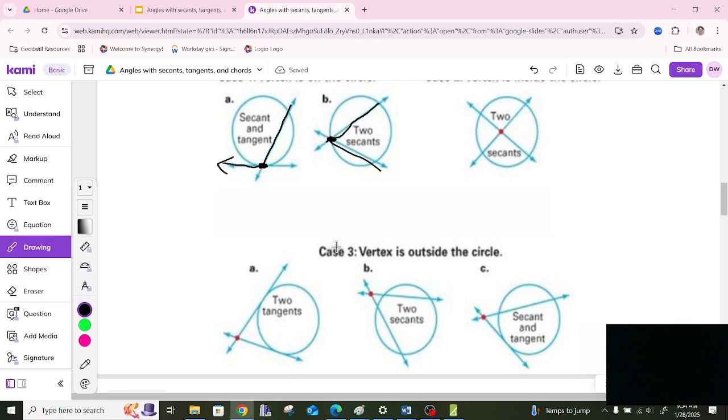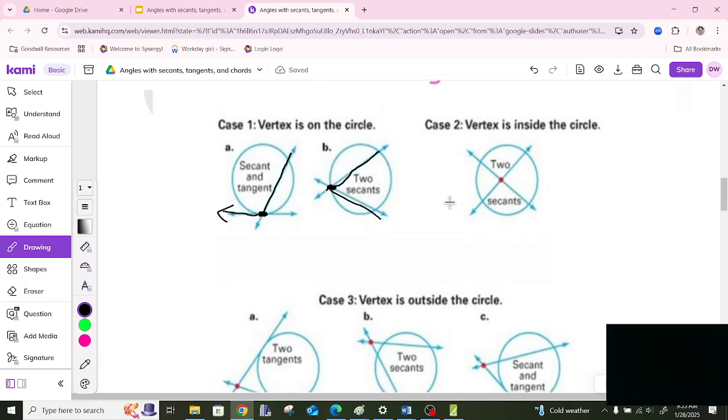You see that? Okay. Now I have two secants, or it could be two chords, where if I had a circle and I had two chords intersecting like this, boy, that's an ugly circle. But this one, the vertex where they intersect, would be inside the circle, right? Okay, good. We know our location pronouns.